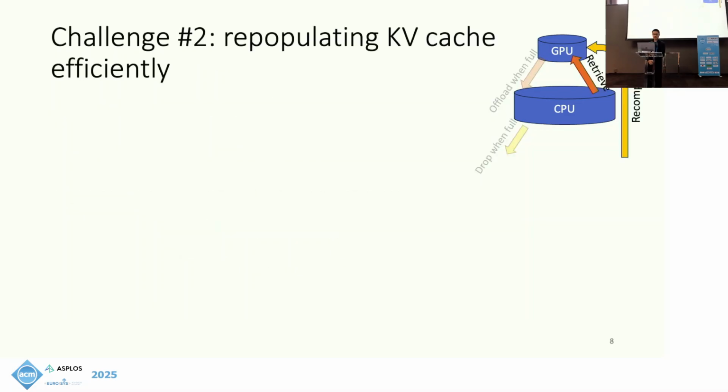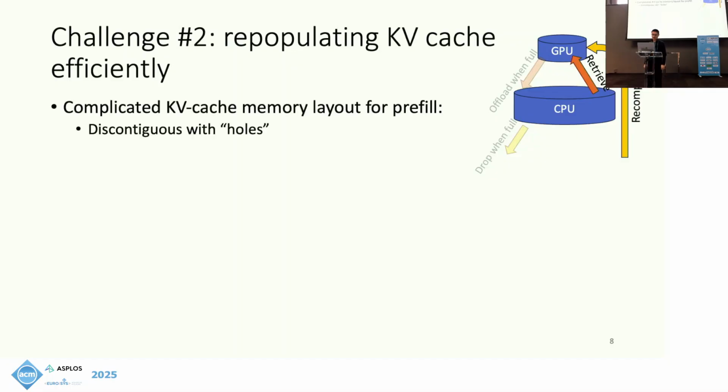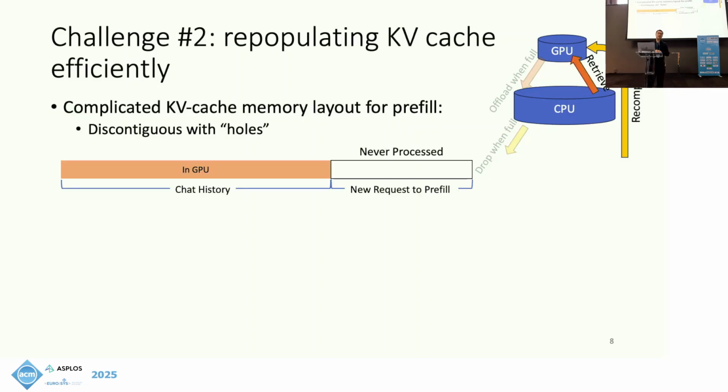However, this unique eviction policy also creates new challenges to our retrieval path. Basically, now our KV cache memory can be a bit complicated. Initially, when we don't do any eviction, everything is in GPU. But as GPU becomes full, we evict tokens to CPU.